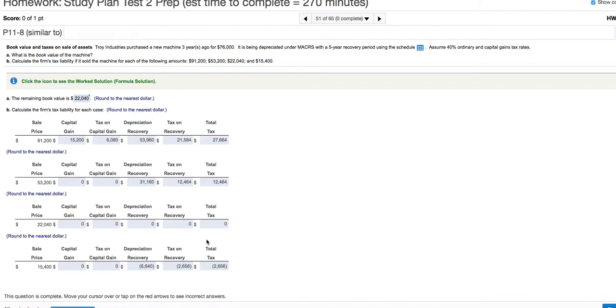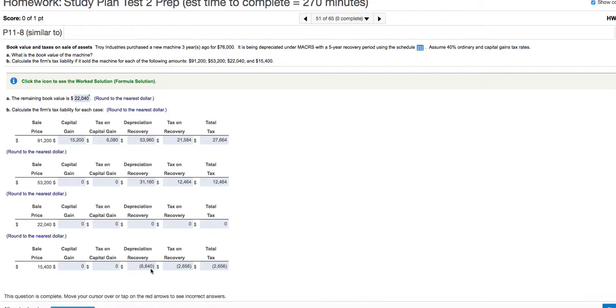In the final one, we have a sale price of $15,400. Now, what's unique about this scenario is that this happens to be less than our book value, right? So $15,400 sale price minus $22,040 gives us actually a negative amount, which is $6,640.